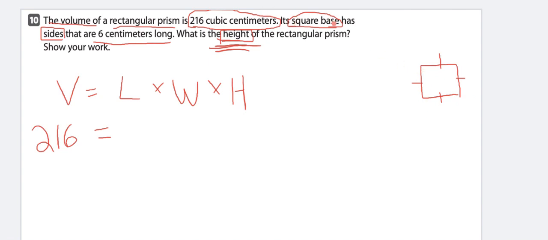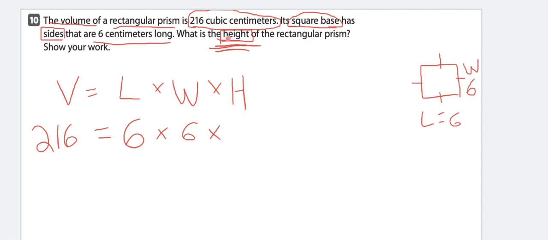So it says here it has a square base that has sides that are 6 centimeters long. So if the length is 6, what do you think the width must be? That's right, 6. So if the length is 6, the width also has to be 6.